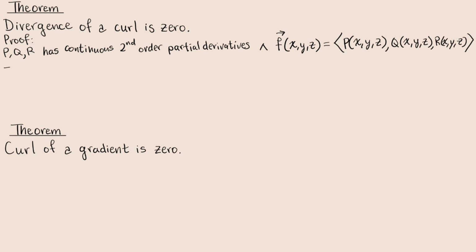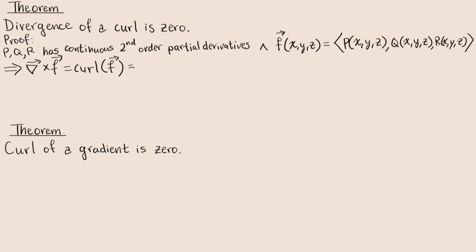Now this implies that I need to take the curl of f, which is actually the gradient, or the del symbol, or the nabla symbol, cross product with f. And some people add the arrow on top of the gradient symbol, which is fine. So this is actually the curl of f.